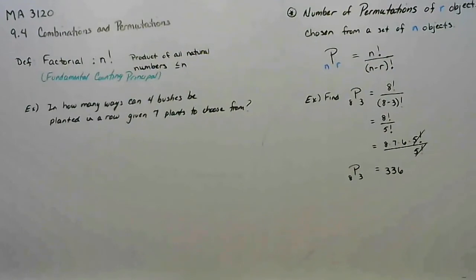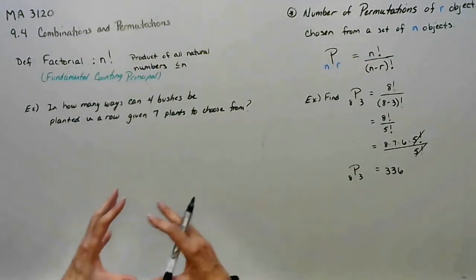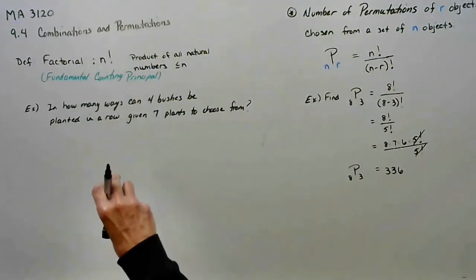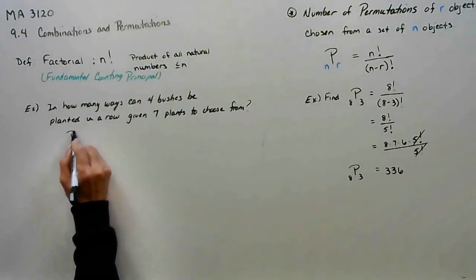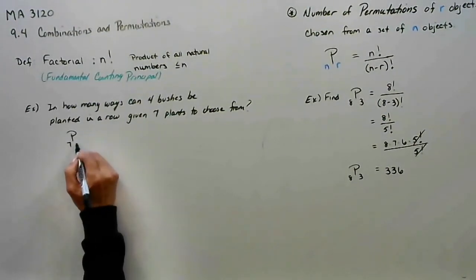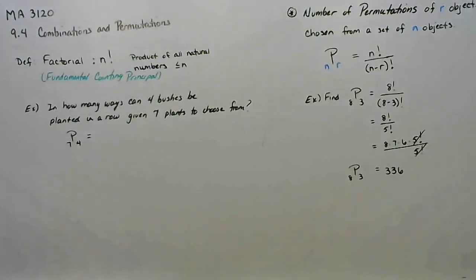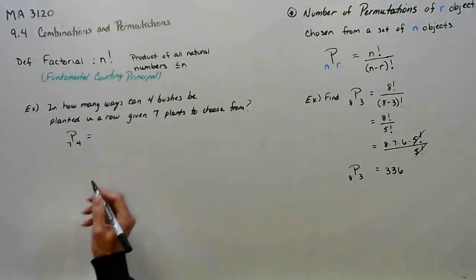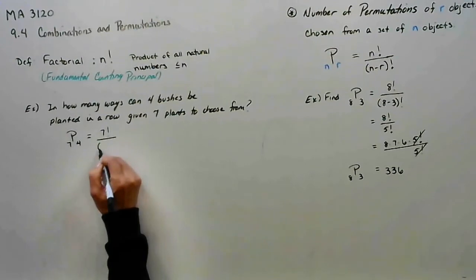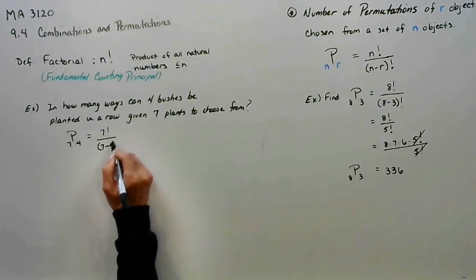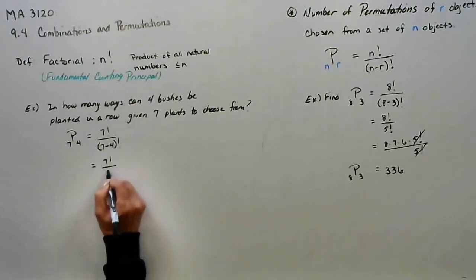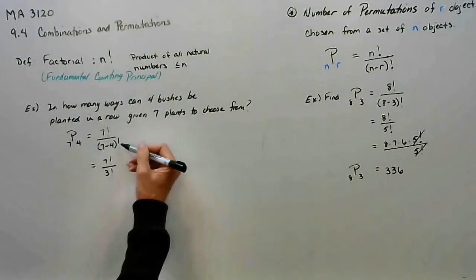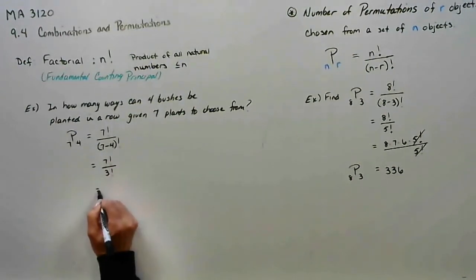All right, so what we need to do is think about what's our total number, our total sample space, and then how many are we trying to select out of there. So in this case, this would be the permutation of 7 choose 4. Following the equation, that gives me 7 factorial over 7 minus 4 factorial. So this is 7 factorial over 3 factorial. Please set it up so I can see where you got it from.